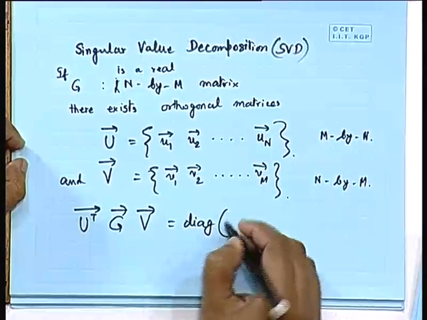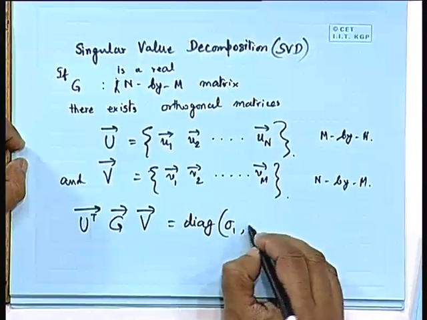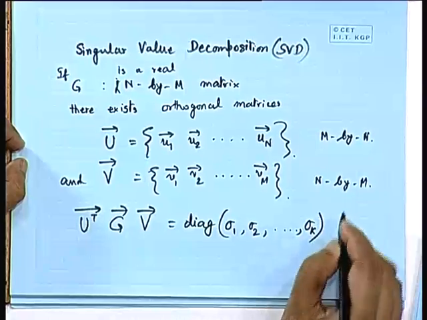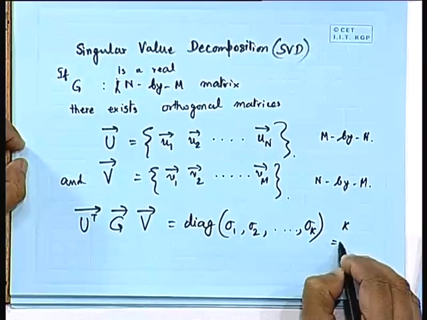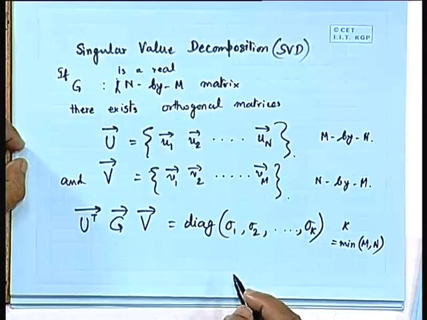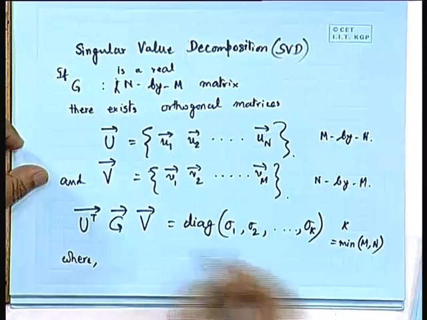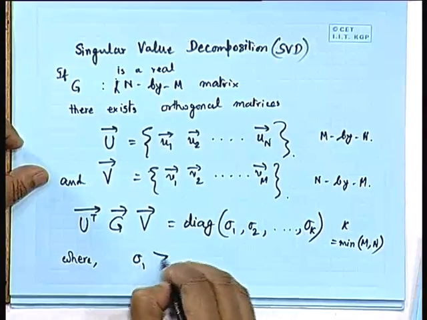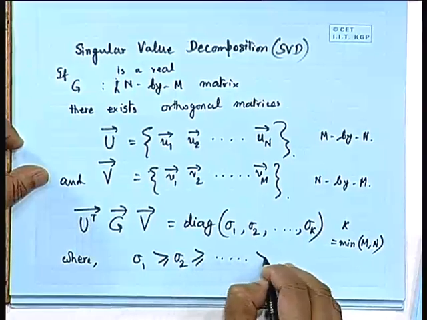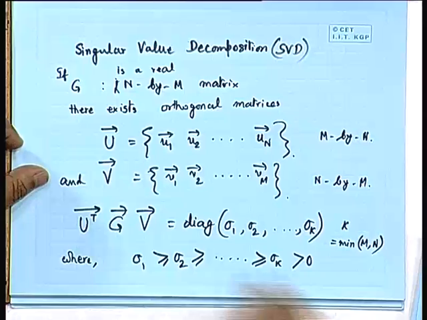So we get a diagonal matrix with diagonal elements sigma 1, sigma 2 up to sigma k, where k is the minimum of m and n. The diagonalization is ordered, so sigma 1 is greater than or equal to sigma 2, and so on up to sigma k, and these should be greater than 0.